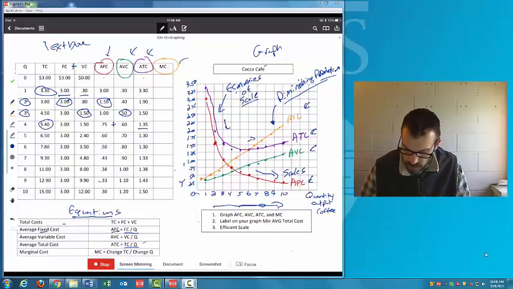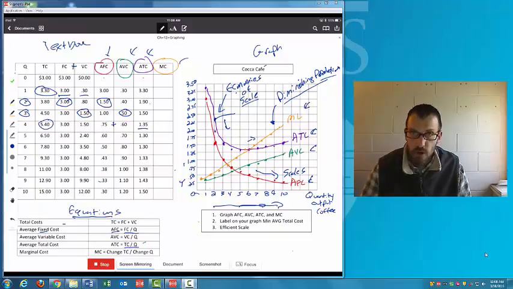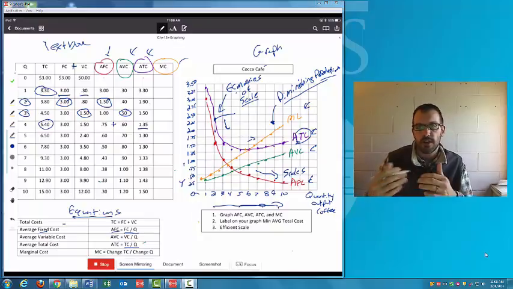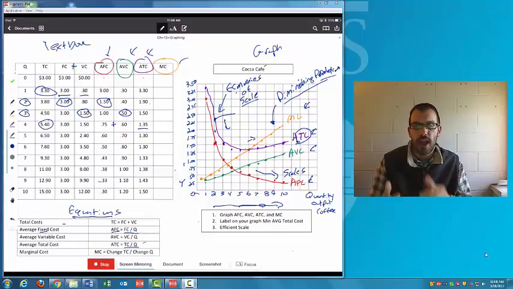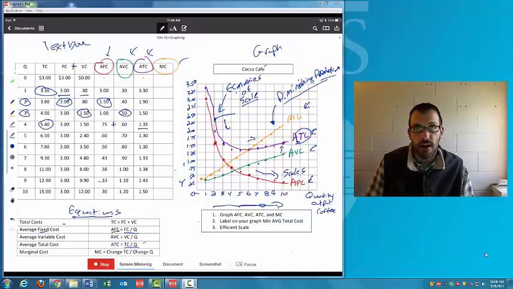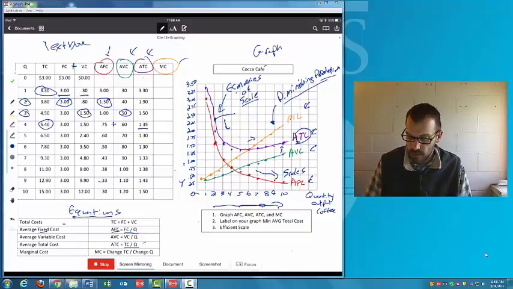If you look at this part right here, the average total cost curve is always going to be higher than your average variable cost curve and your average fixed cost curve. That makes sense because your average fixed cost plus your average variable cost gives your average total cost. So you're always going to see your average total cost curve above your average variable cost curve and your average fixed cost curve.